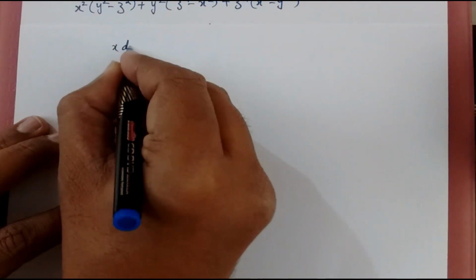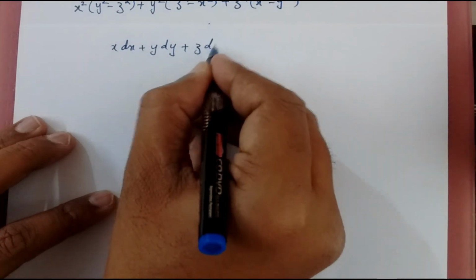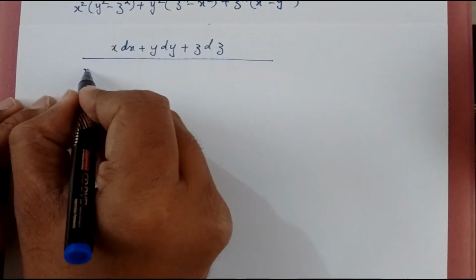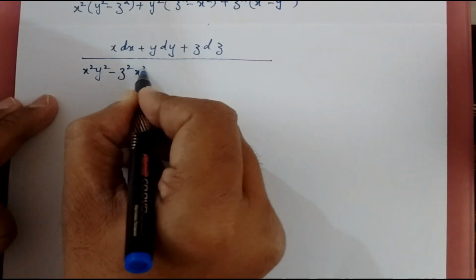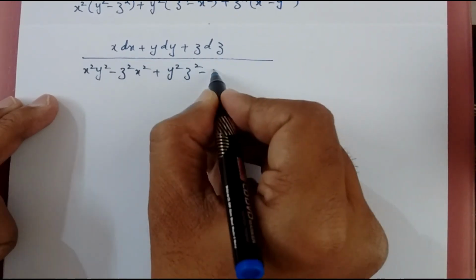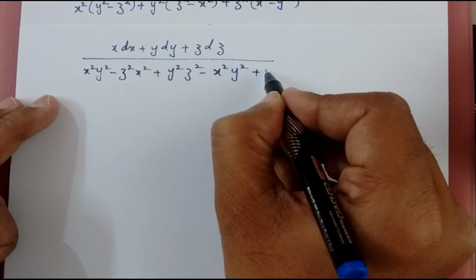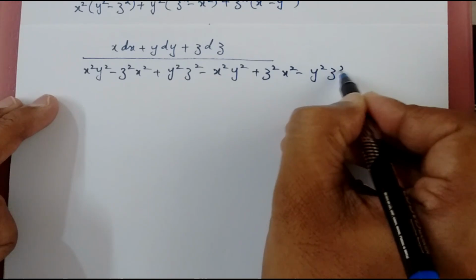So x dx plus y dy plus z dz whole divided by, multiply x square inside, we'll be getting x square y square minus z square x square, multiply y square inside, we get y square z square minus x square y square, multiply z square inside, it becomes z square x square minus y square z square.